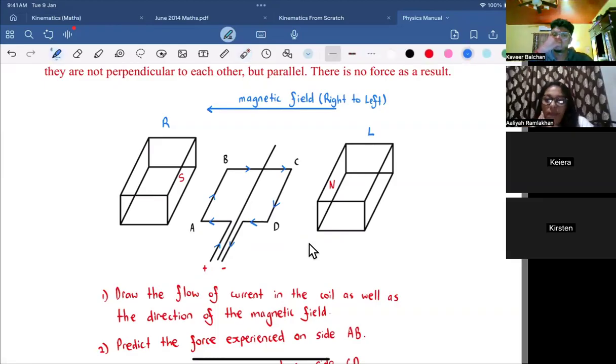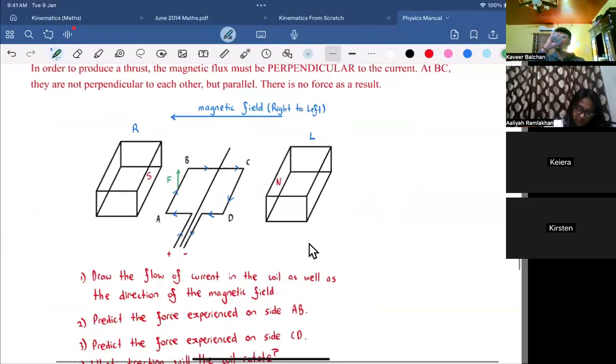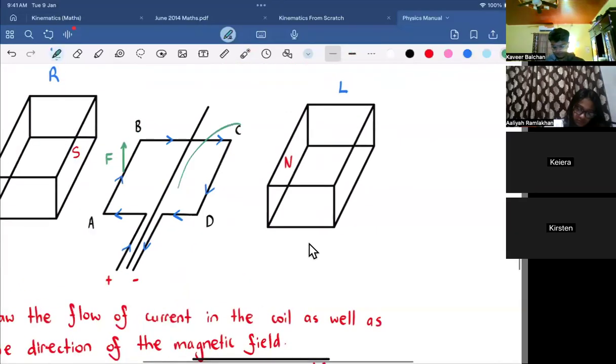So this side of the coil would experience a force upwards or downwards, Aliyah? Upwards. Upwards force. Right? And this side of the coil, show me Fleming's left hand rule for that side of the coil.